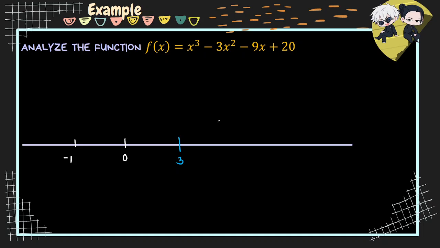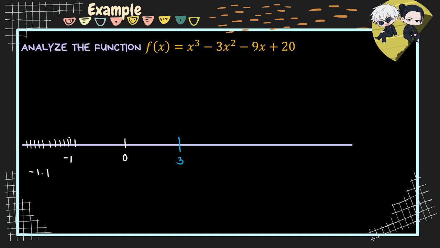So, we need to determine kung increasing ba siya or decreasing. So, in this function, if we substitute any value from the left of -1, so give me a number that is on the left of -1. So, for example, we have -1.1 here. Okay?